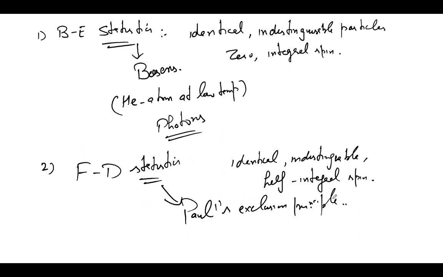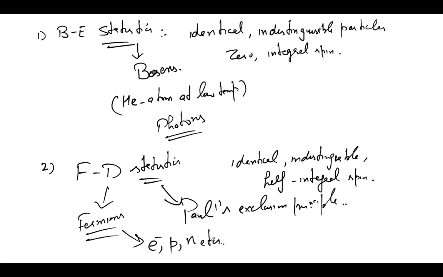The particles which follow FD statistics are generally known as fermions. We have discussed these particles in detail in nuclear physics. Examples are electrons, protons, neutrons, etc. Neutrino.